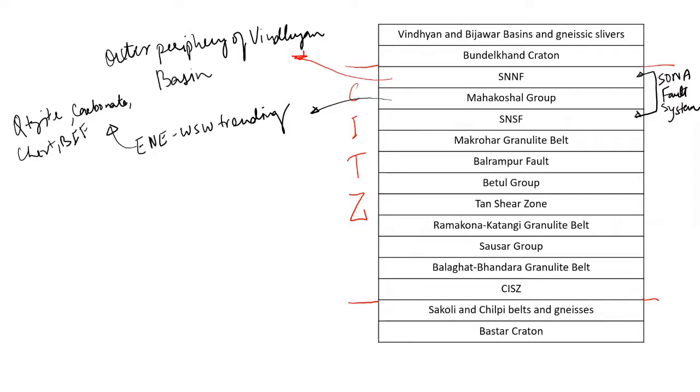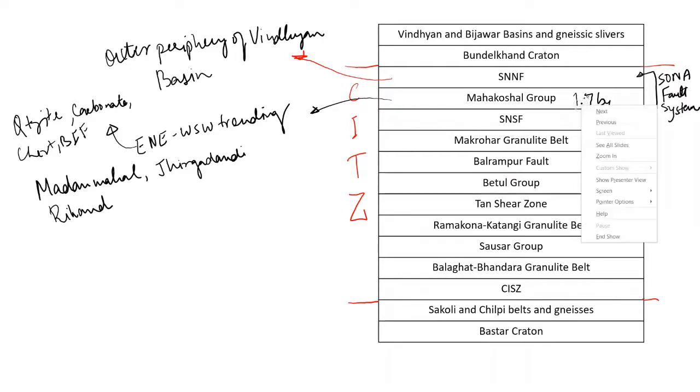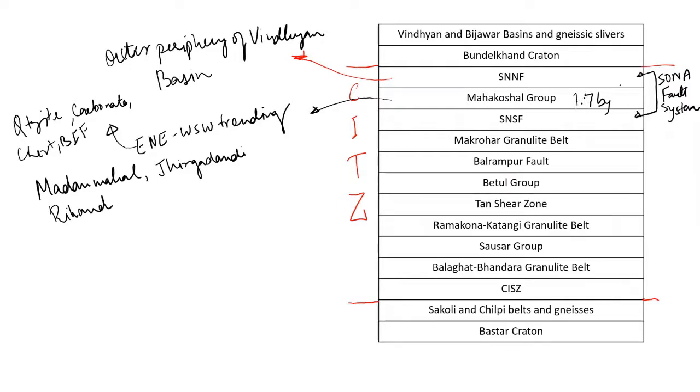Very famous examples are the Madan Mahal granite, then Jhirka Dandi granite, then we have the examples of Rihand Renu Sagar granites, etc. The age of the Mahakoshal has been given as 1.7 billion years or 1700 million years.